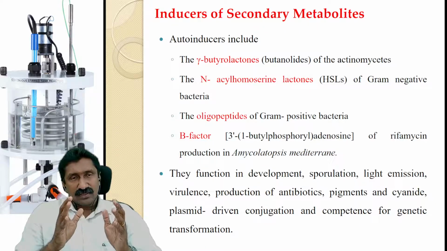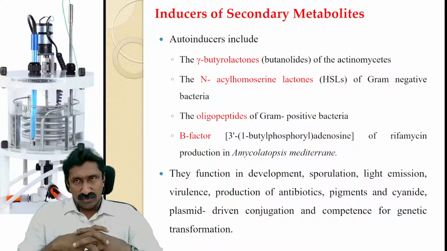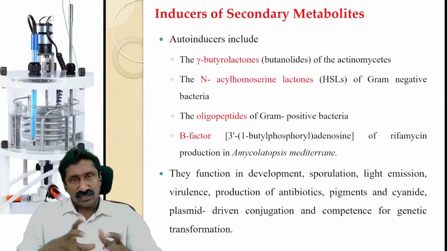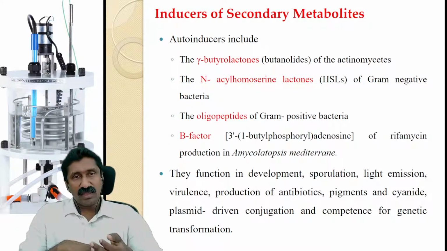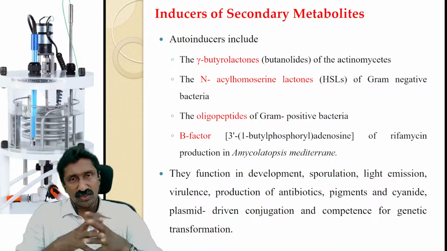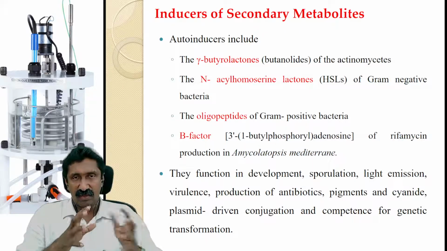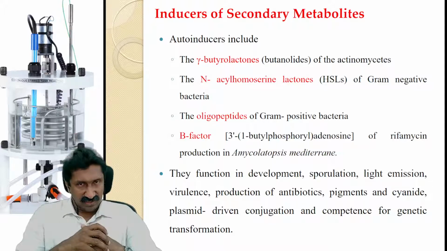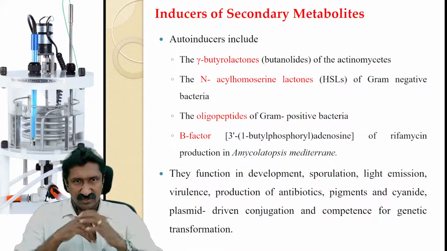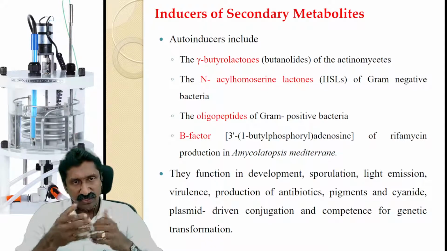there are some inducers, and they are known as autoinducers. Some examples can be listed as the gamma-butyrolactones or butanolides of actinomyces. So in actinomyces, we have gamma-butyrolactones. And in gram-negative bacteria, we have HSLs, that is N-acyl homoserine lactones. Then in gram-positive bacteria, we have some oligopeptides.